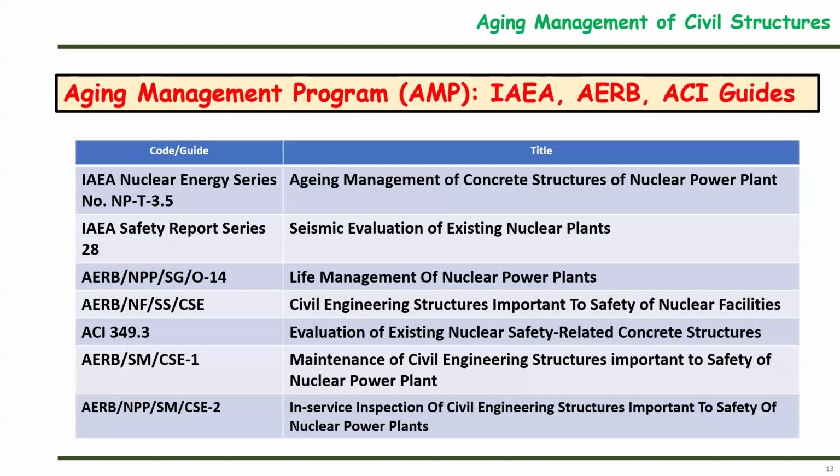AERB is Atomic Energy Regulatory Board of India. ACI is American Concrete Institute. I have listed some of the guides here which are used for aging management programs of nuclear safety related structures or industrial structures, both.